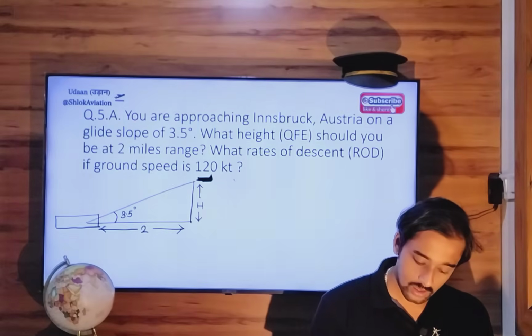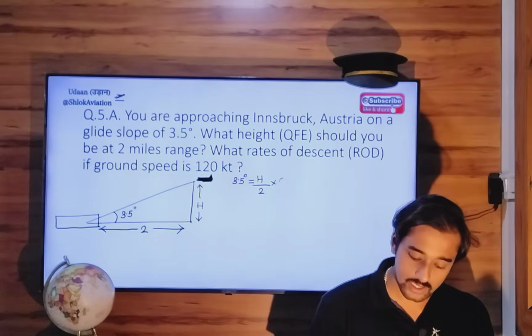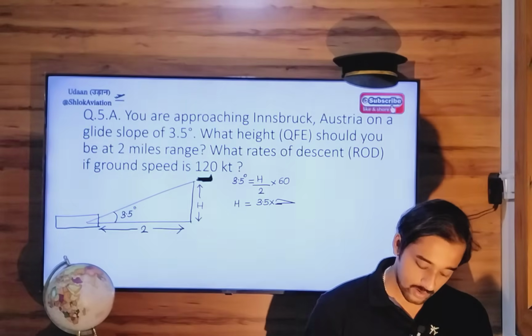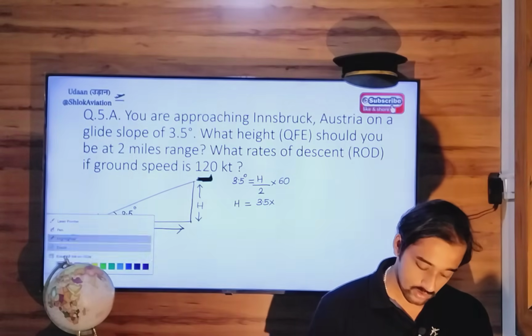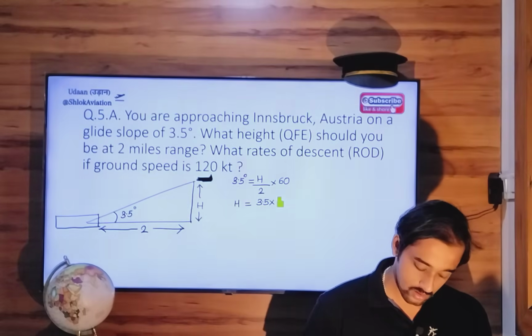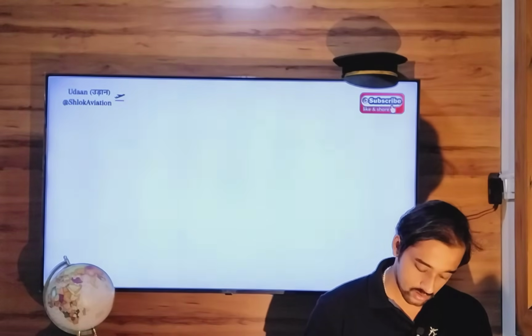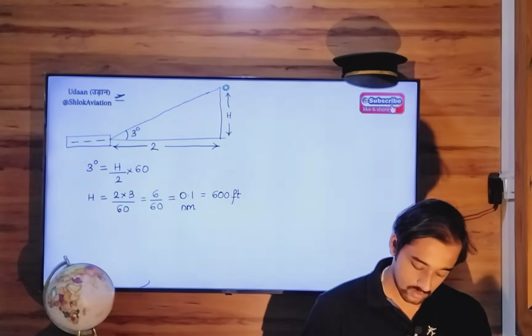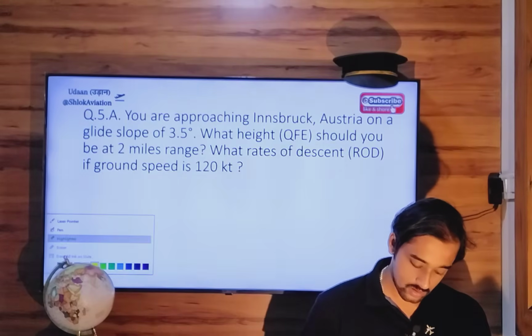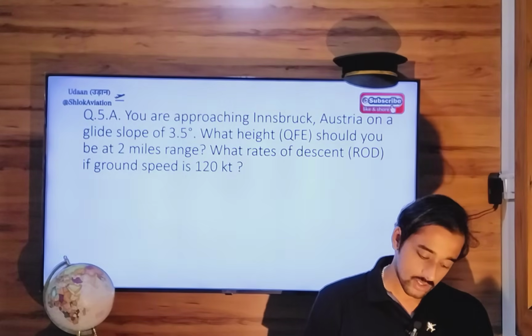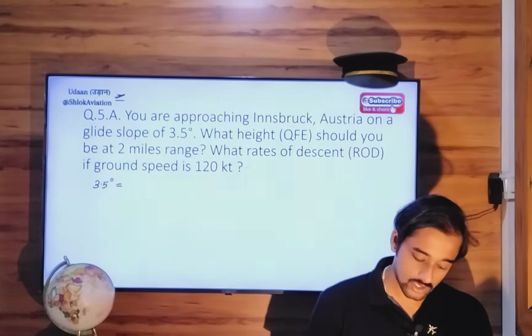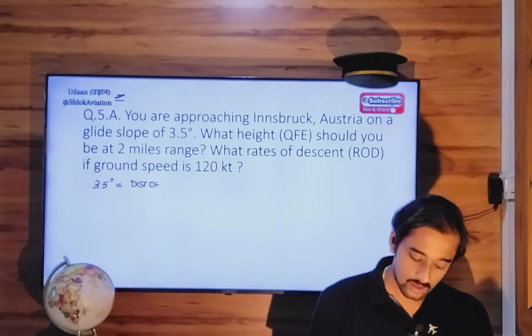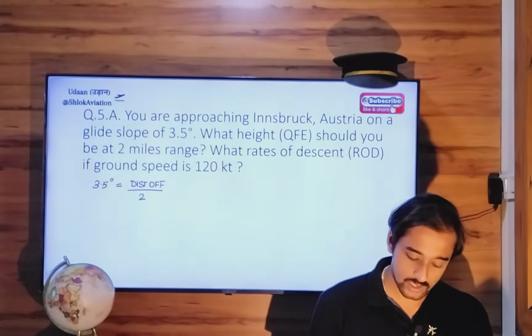Using the 1 in 60 rule, angle equals distance of track divided by distance gone into 60. So 3.5 degrees equals distance of track divided by distance gone into 60.